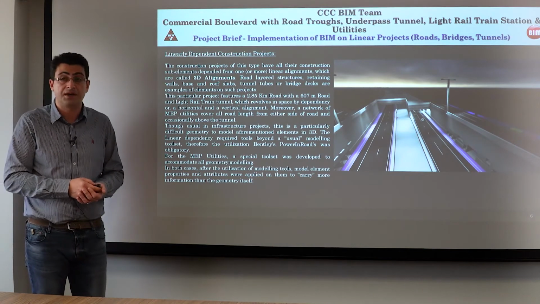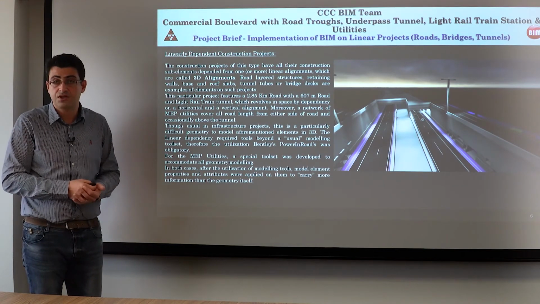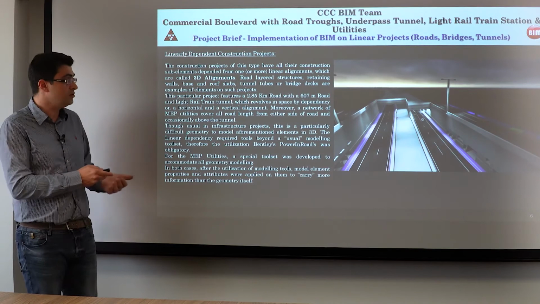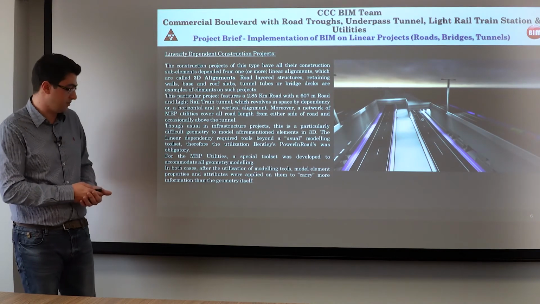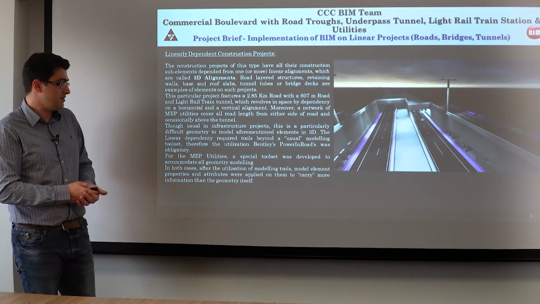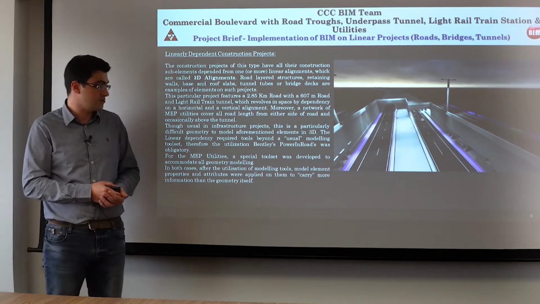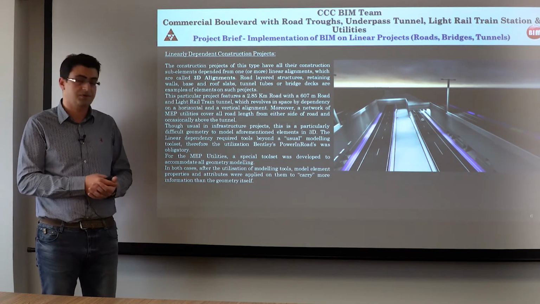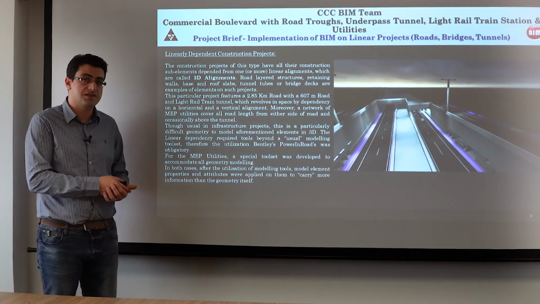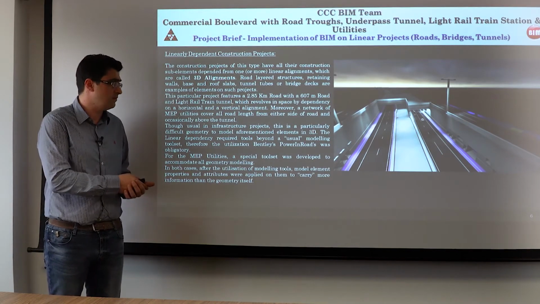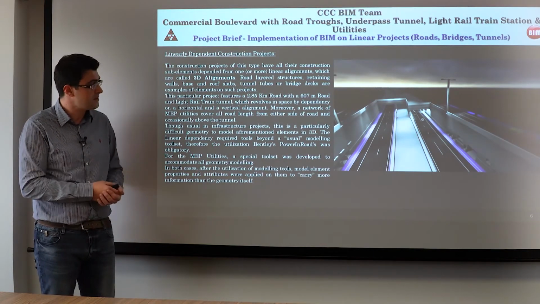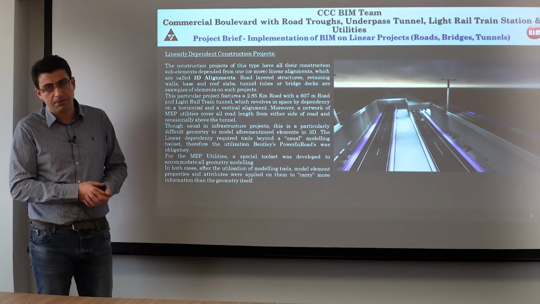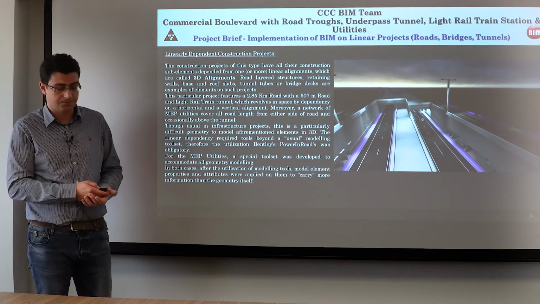So we have to combine 2 different curvatures in order to be able to model this particular project. For the MEP utilities, a special toolset has been developed and utilized for the modeling of these elements, which we will talk about in the second part of the presentation.